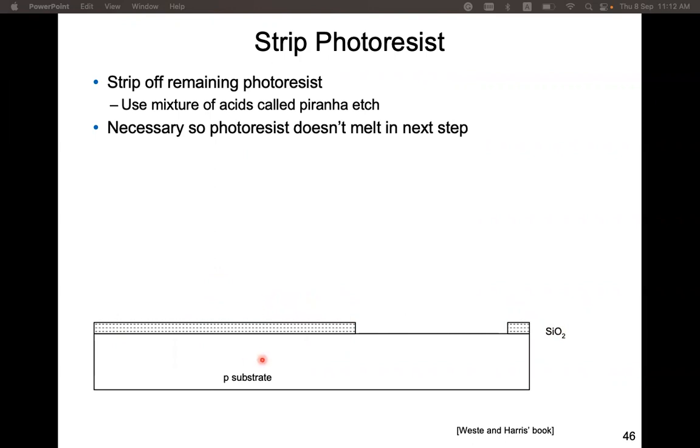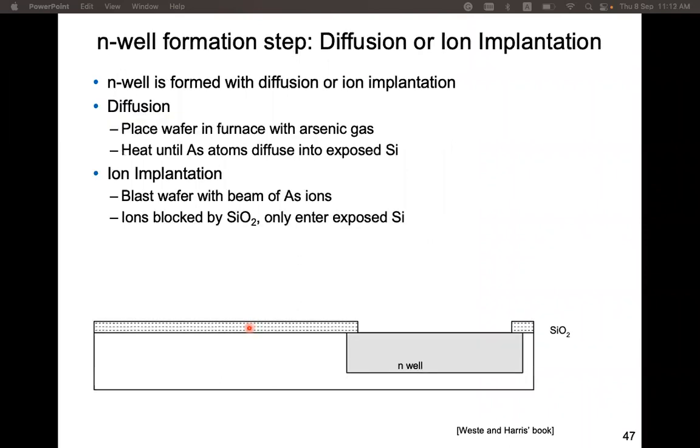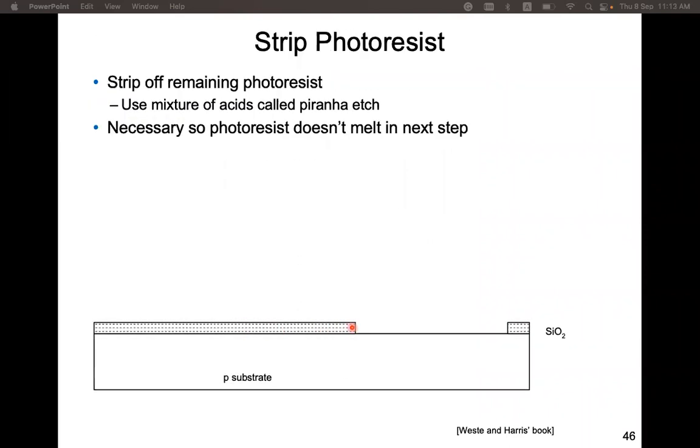We need the oxide layer rather than the photoresist because photoresist will melt in high temperature in the next step, but silicon dioxide won't. Okay, so with this silicon dioxide layer protecting the substrate here, now we have an opening region here, and we can apply the semiconductor step here.